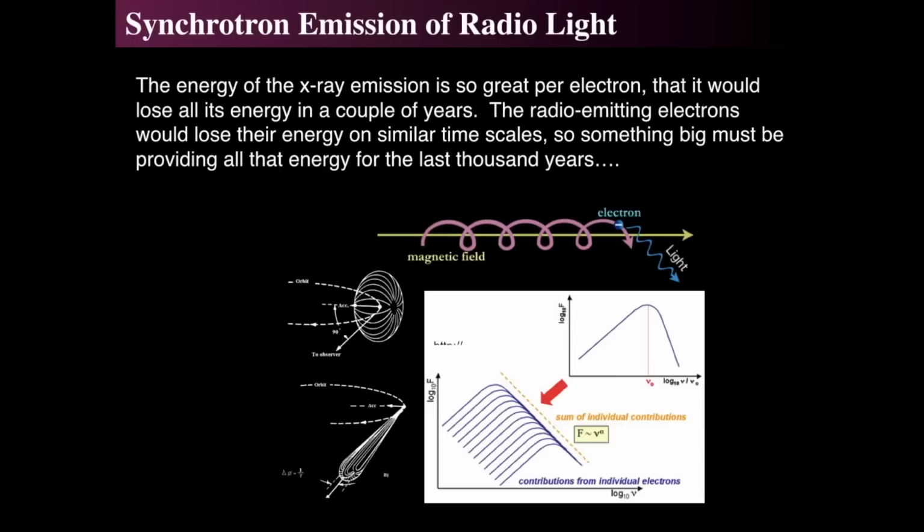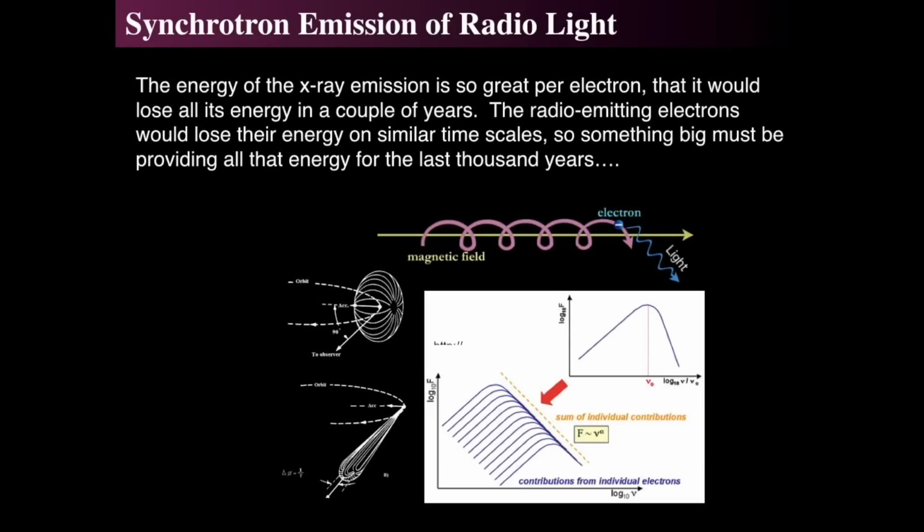So it loses its speed as it's moving, and therefore spirals down, and so the electron, instead of emitting X-rays after a few, like 5 or so years, then slows down until it's emitting light only in radio frequencies. And when it's emitting in radio frequencies, it'll take about 1,000 years for it to slow down where it's not doing that either. So synchrotron radiation spans from X-ray to optical light to radio light.